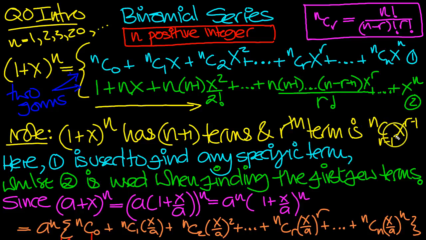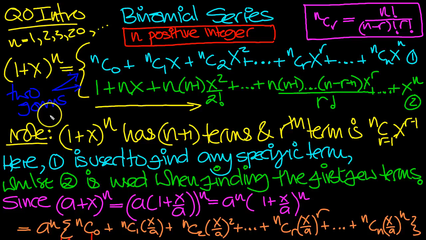If you want to find the (r plus 1)th term, then you would look at that one there, for example. And the third term would be nC2 x squared, or you could write n(n minus 1)x squared over 2 factorial. That would be the third term. So that's generally the format and the arrangement, and you can choose this or that depending on what you find most easy to use in any given circumstance.